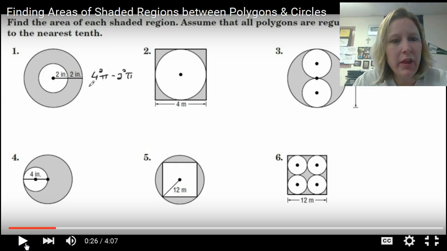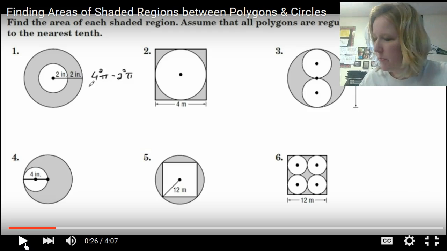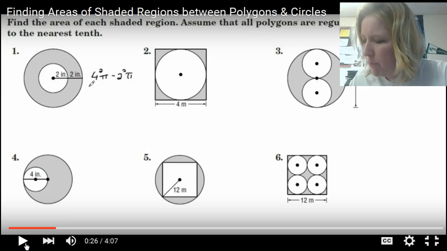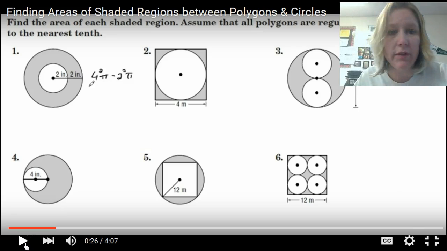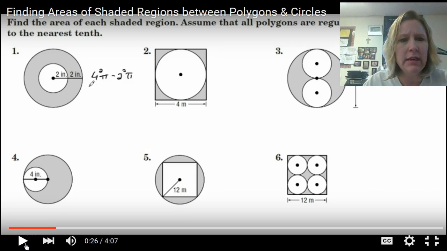If you were estimating, you would say 4 times 4 is 16, and 16 times 3.14 would be 50.24 if you're going to be exact.